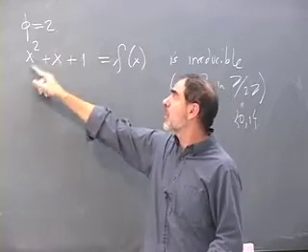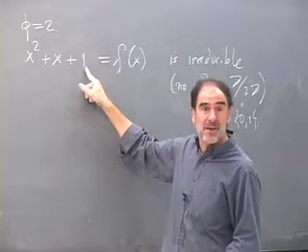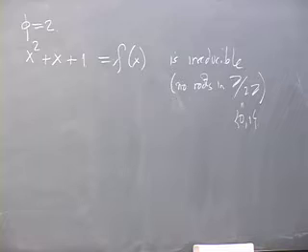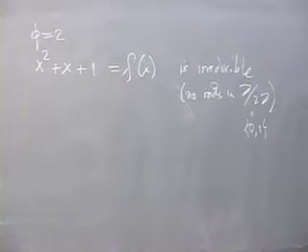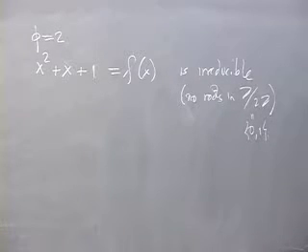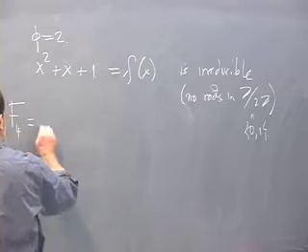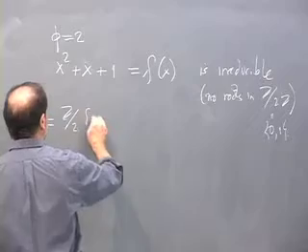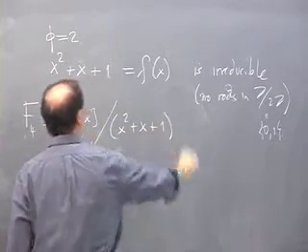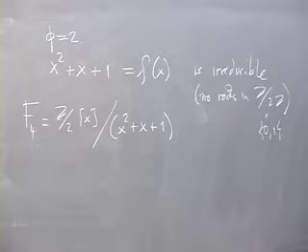If you try 1, you get 1 plus 1 plus 1, which is 1. So no substitution of an element in the field gives you 0. So the polynomial has no roots. Since it has degree 2, if it has no roots, it has no linear factors, therefore it's irreducible. So there you are. There's your field of 4 elements, Z mod 2, x, modulo the ideal generated by x squared plus x plus 1. That's a nice multiplication law to work out as you work out the overflow.